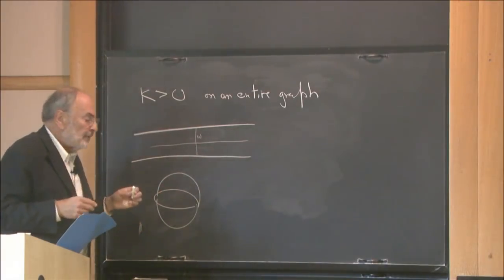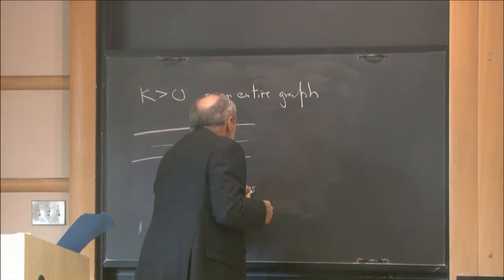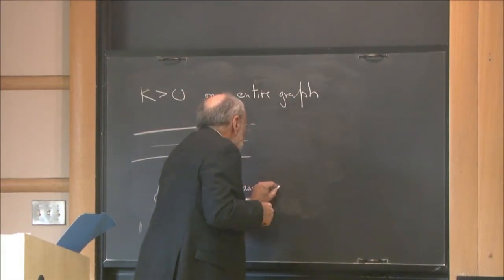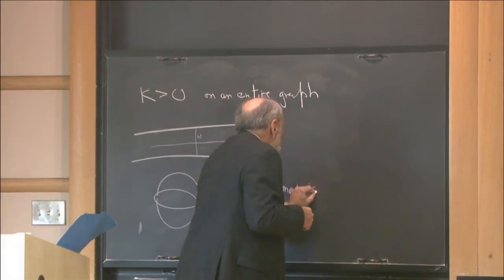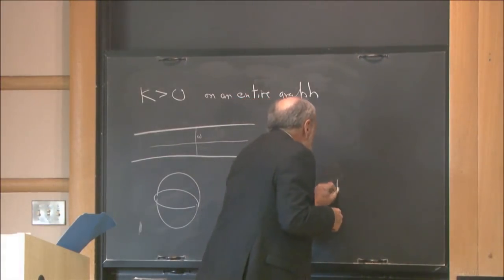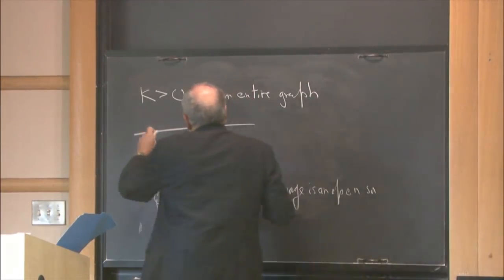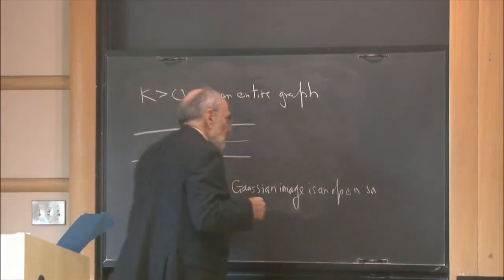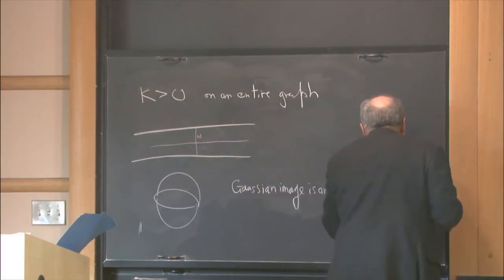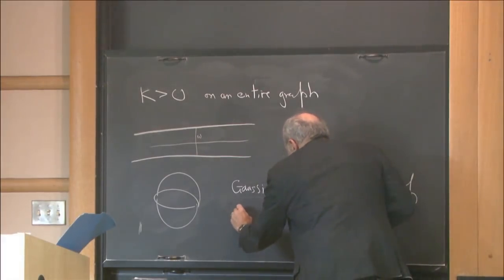This is a complete surface, so the Gauss map, the Gaussian image, is an open subset of a hemisphere.